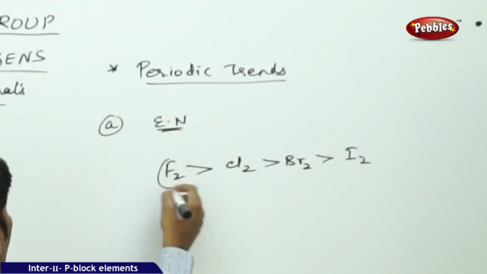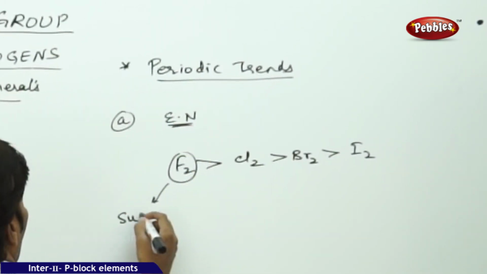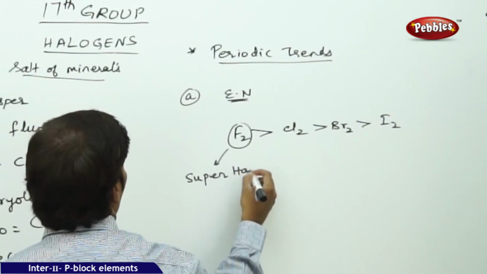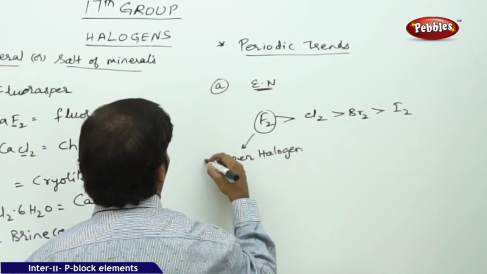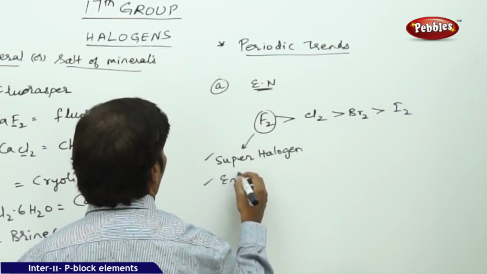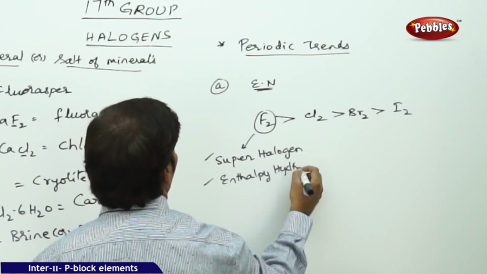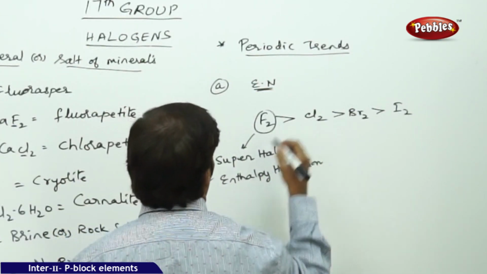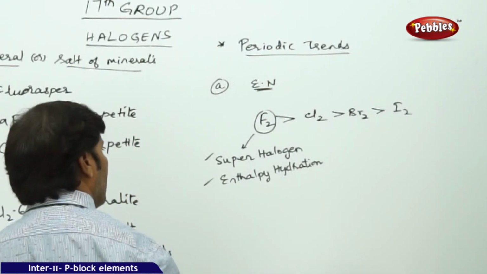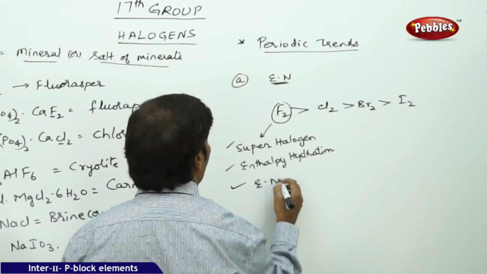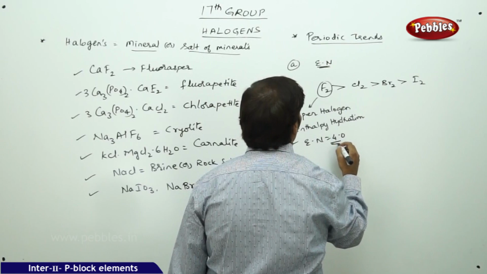In fact, we consider fluorine as the superhalogen. It has high enthalpy of hydration, and on the Pauling scale its electronegativity value is 4.0.